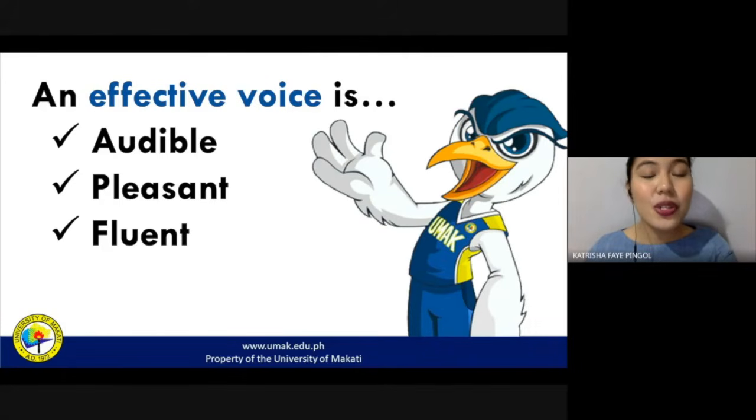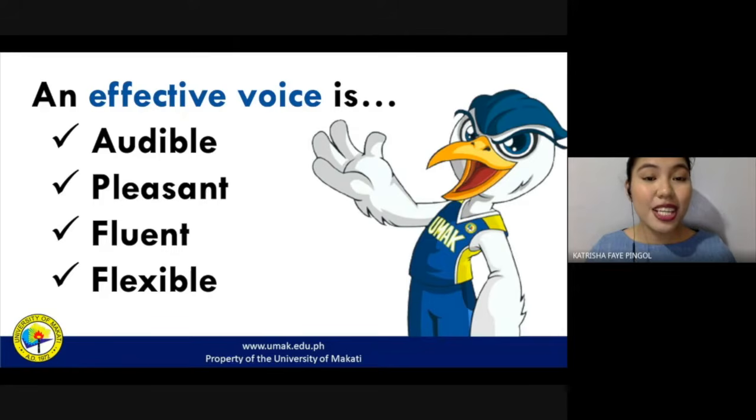A voice is also considered effective when it is fluent. When we say fluent, we simply refer to one's ability or capability to use a language effectively in order to express himself or herself. So when you are able to express yourself using language without experiencing any problems or difficulties, then one could be considered fluent.